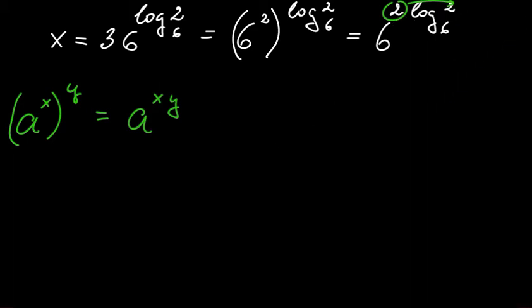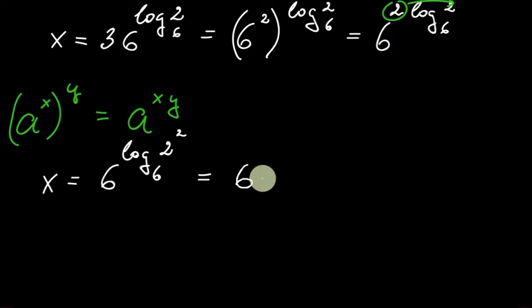Once we do that, we get that x is equal to 6 raised to the power of log base 6 of 2 raised to the power of 2. This will give us 4, so we have 6 raised to the power of log base 6 of 4. Now we are using our properties again, and we get that x is equal to 4.